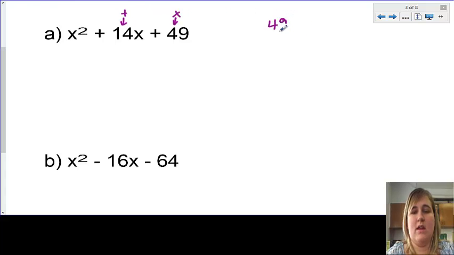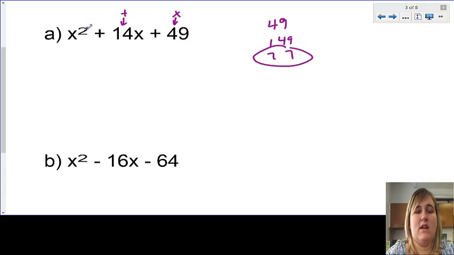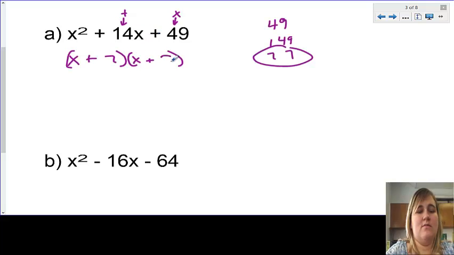So things that multiply to get 49 are 1 and 49, 7 and 7. So obviously 7 and 7 will get me 14. These are both positives. So I have x, which I'm going to split, and then 7 and 7. So this would be a perfect square trinomial. It would be the same as saying x plus 7 squared, because x plus 7 times x plus 7.